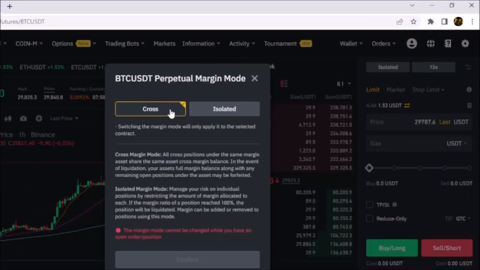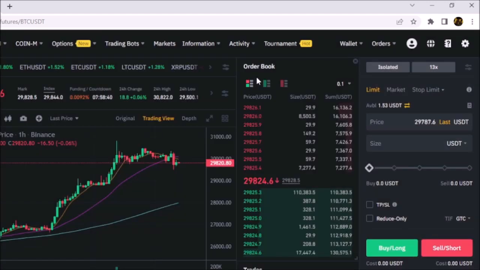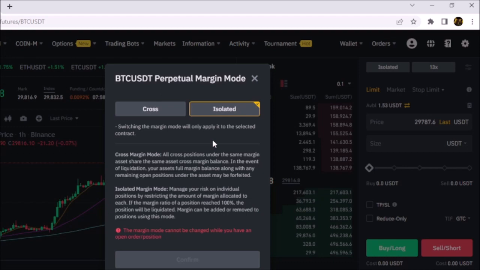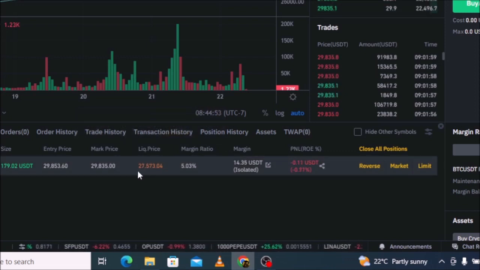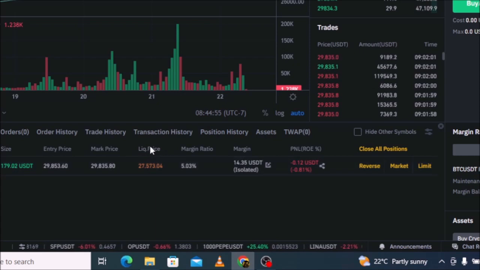When you choose cross, in simple terms, suppose on your account you have 200 as your capital and you decided to use 100 in one pair that you want to trade. When you come here after making a trade, you find a liquidation price.